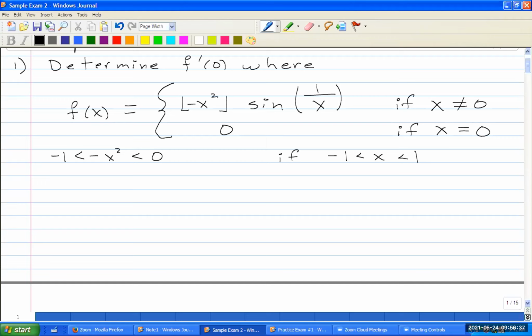And so the floor of anything between -1 and 0 is -1. That's the largest integer, well, let's see, what is it called?